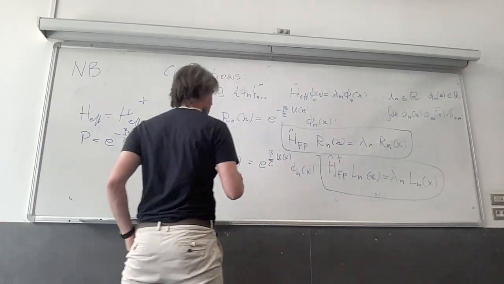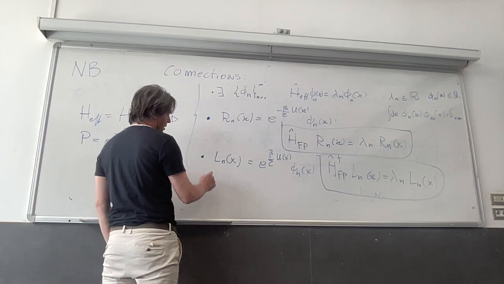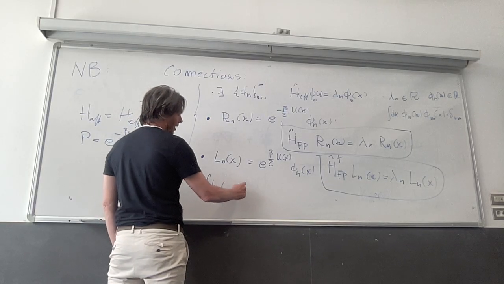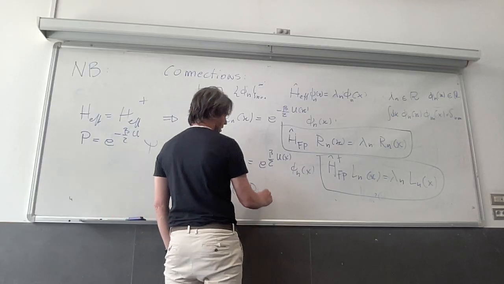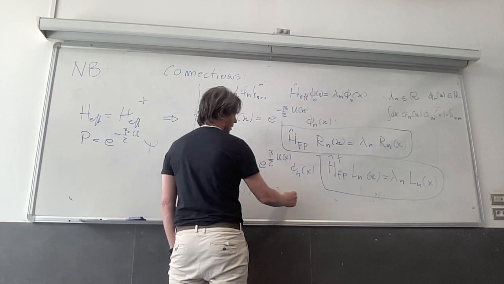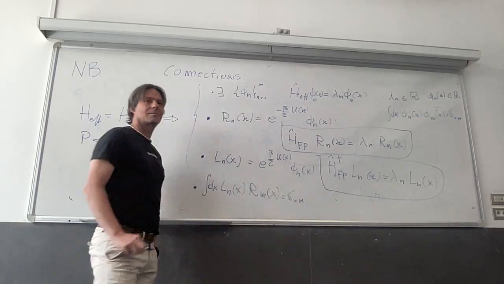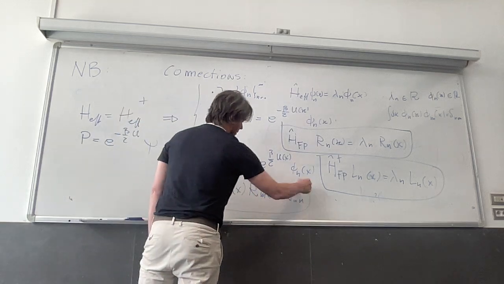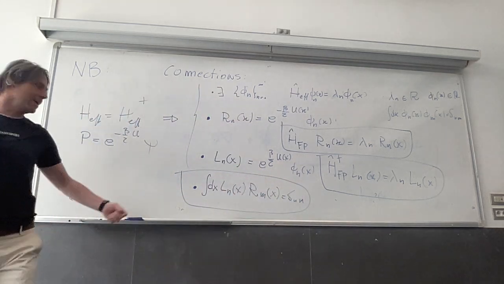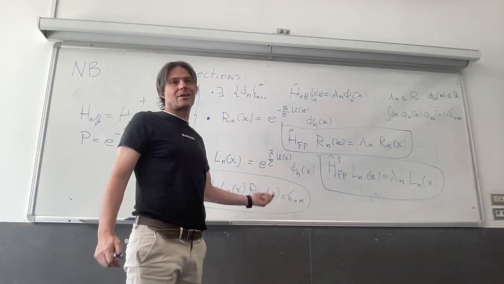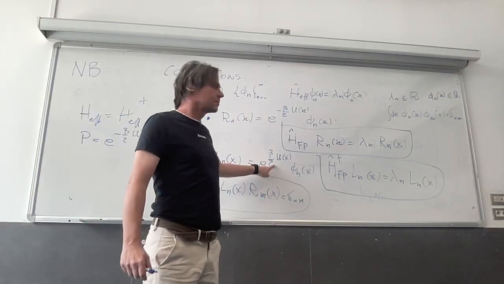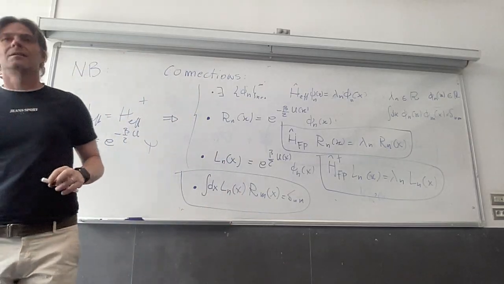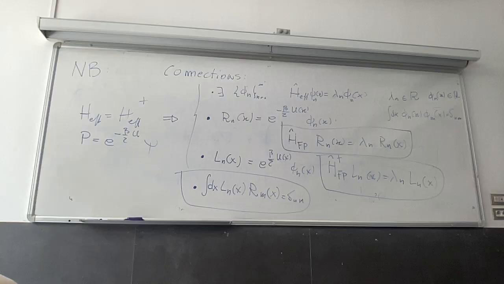And finally, the third property is that the integral in dx of L n of x times R m of x is equal to delta n m. Why? Well, pull off the appropriate factors and they cancel, and use the other property. Okay, so we got it.